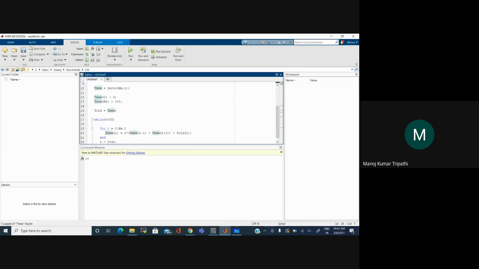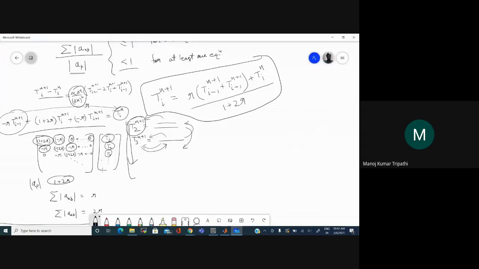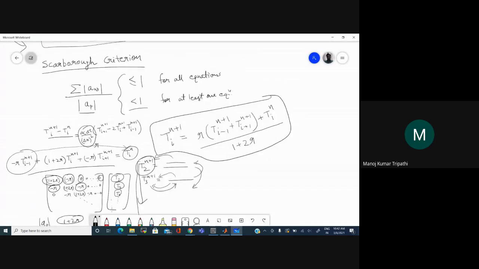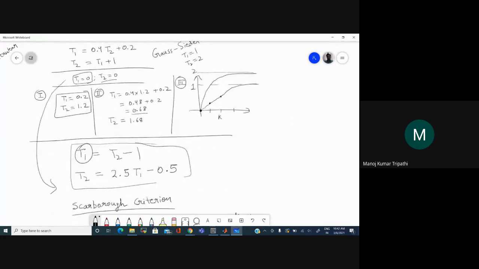Now we can only do this inside that loop, inside a number of iterations. So we have to do this again and again until convergence. What is the meaning of convergence? So let us go back there. We don't know a priori what the solution is. Like we knew for these equations, we knew that it is 1 and 2. But here we don't know the actual solution.